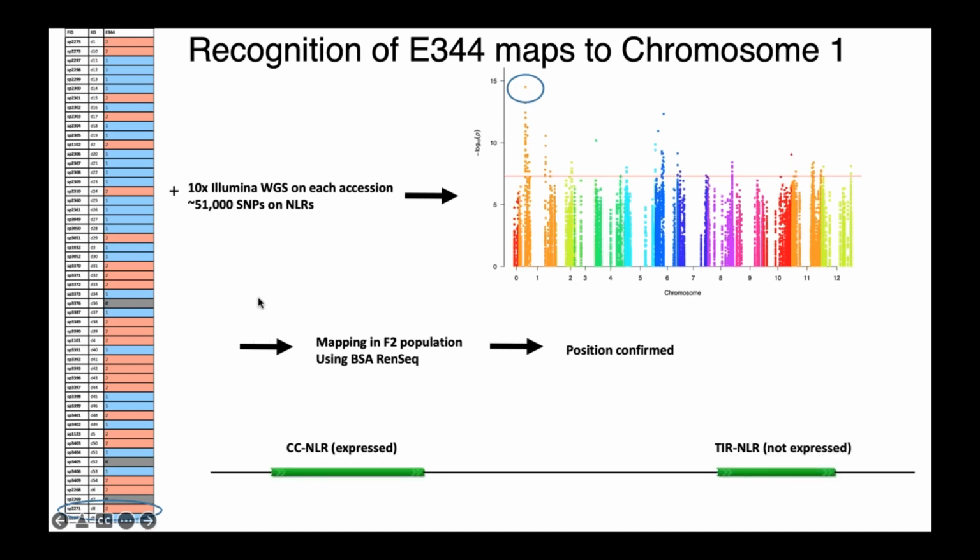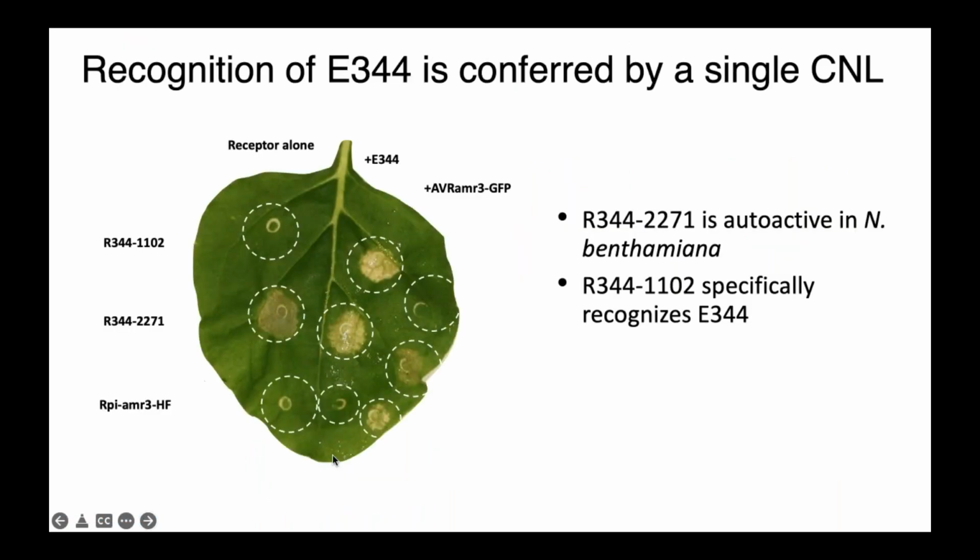And in this case, we were fairly lucky with this locus, so it only contains two NLRs, one TIR NLR and one CC NLR. And using cDNA RenSeq on 2271, we can see that the CNL is expressed and the TIR NLR is not expressed. So our next step was to clone this gene and test it for recognition in transient assays, which is exactly what we did.